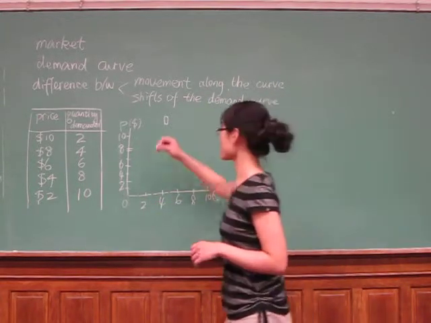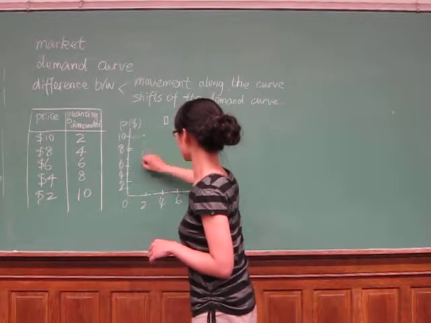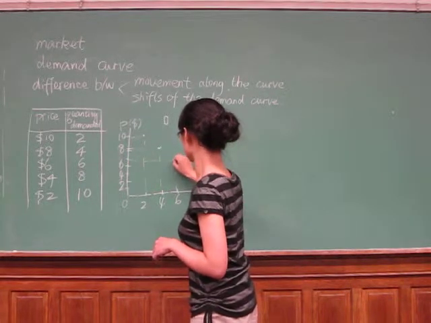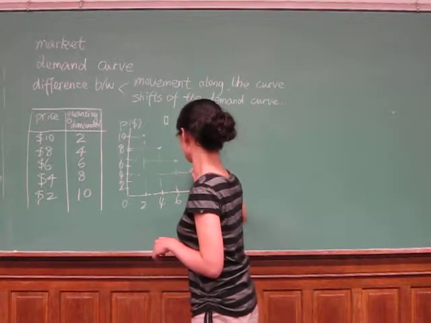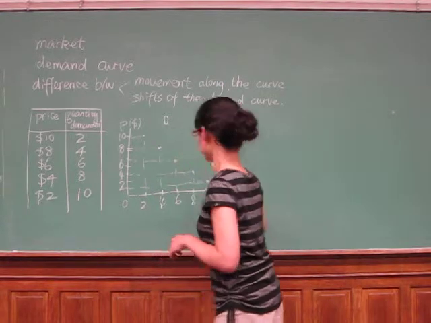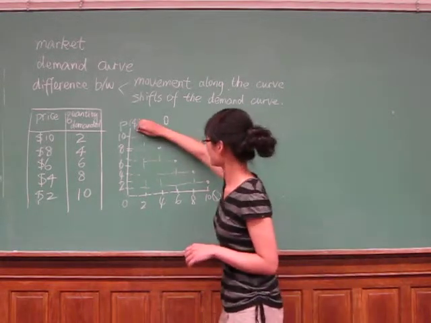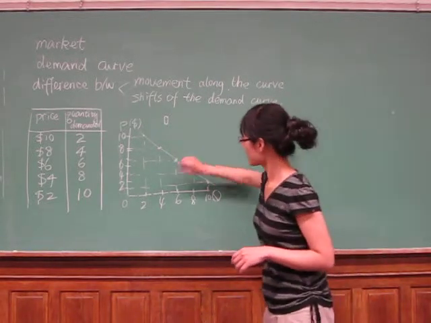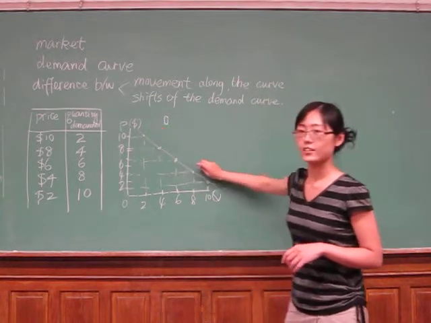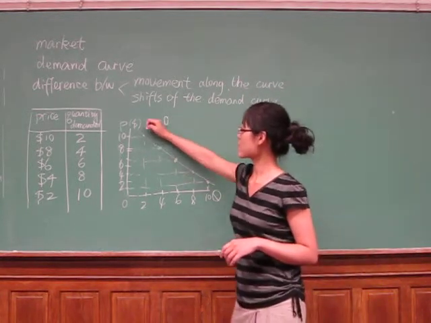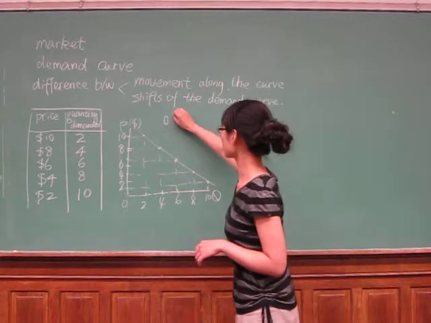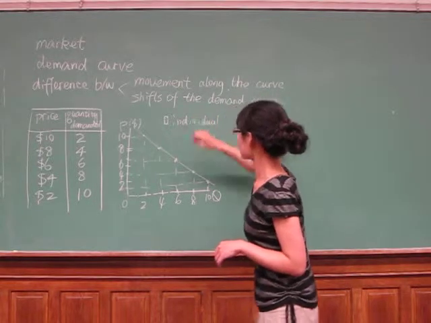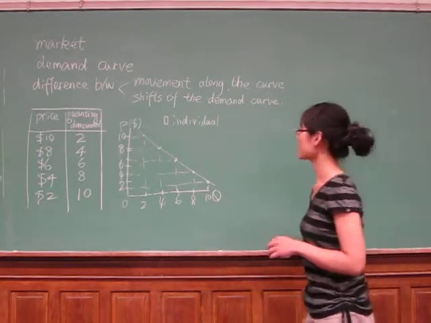We plot the points. And then we connect those points, we get a line, a curve. This is called an individual demand curve for that particular person we talked about.